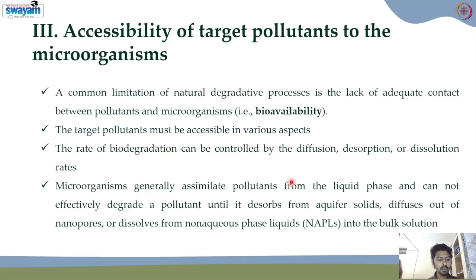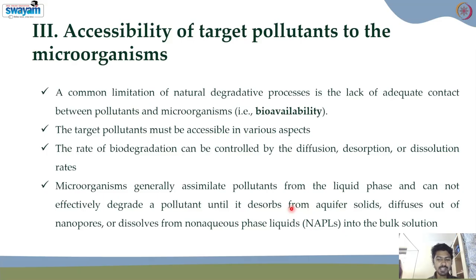Only a small amount of oil will dissolve into water, and only this small amount can be degraded by the microorganisms. So in this case, you can introduce a biosurfactant. As we have seen earlier, there are chemical, food grade or biosurfactants available in order to increase the bioavailability. So this is one example, the oil spill.